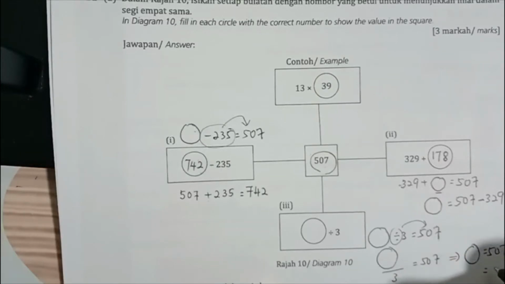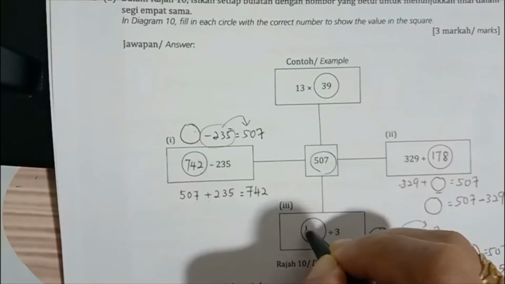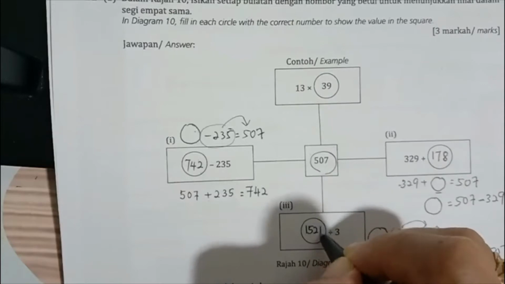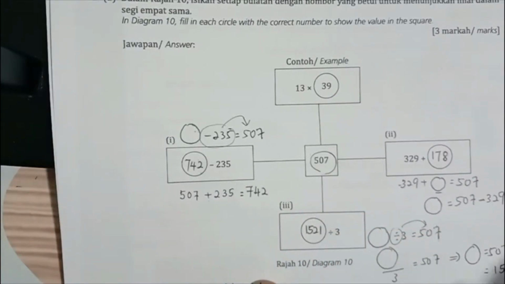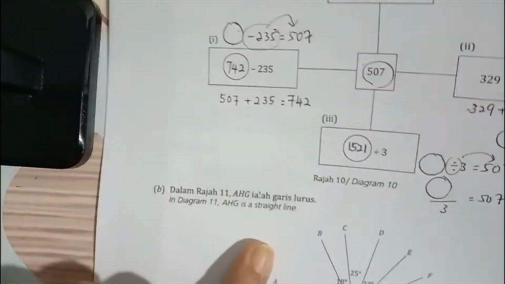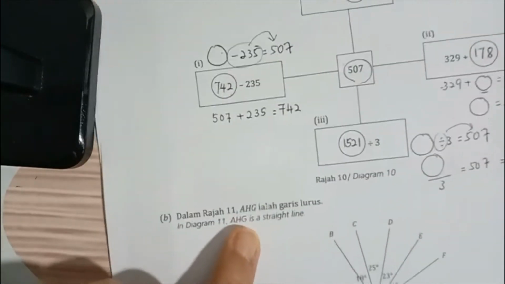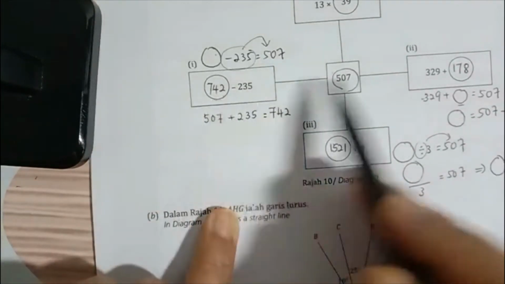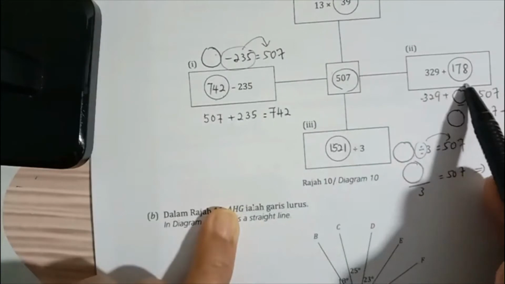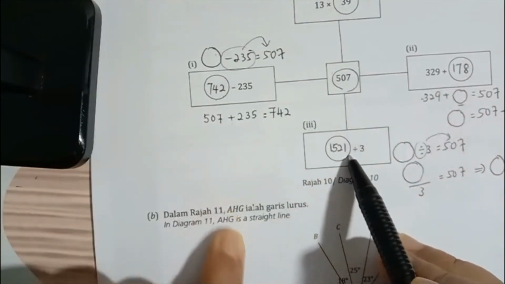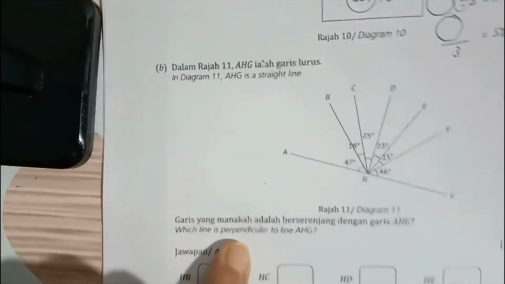So you will get the answer 1521. So write down the answer inside the circle, 1521. Okay, so you get the answers: part 1 is 742, part 2 is 178, and part 3 is 1521. Okay, part B.